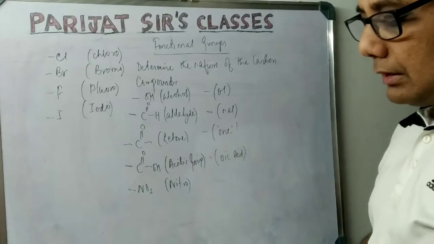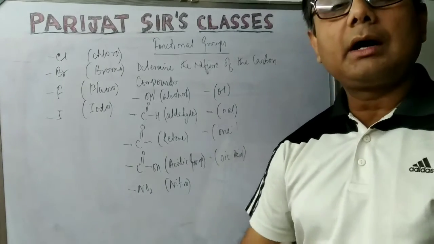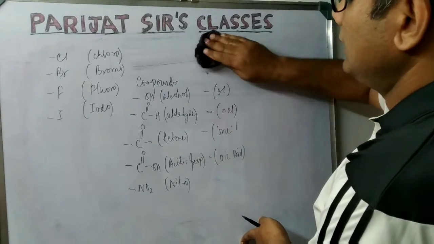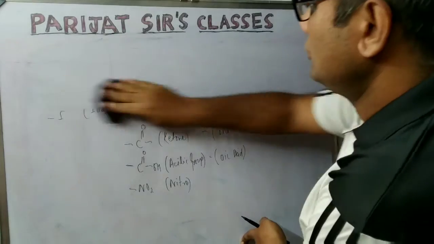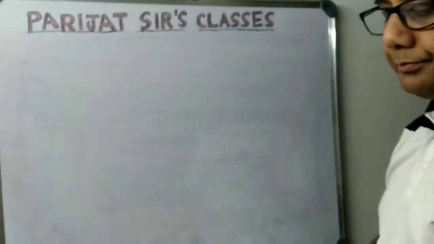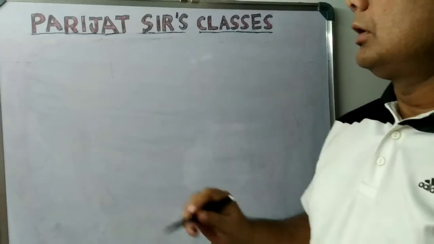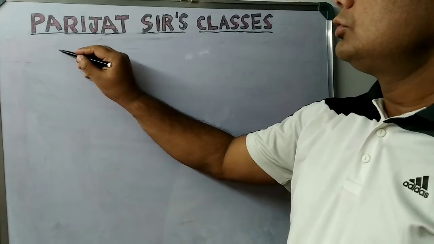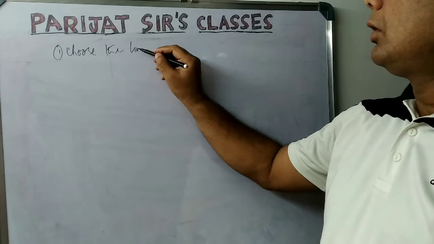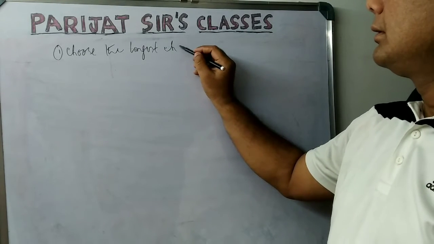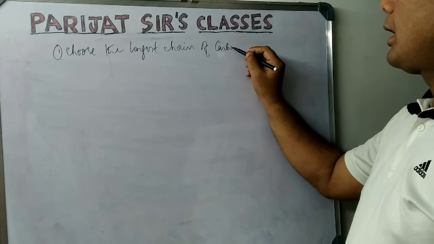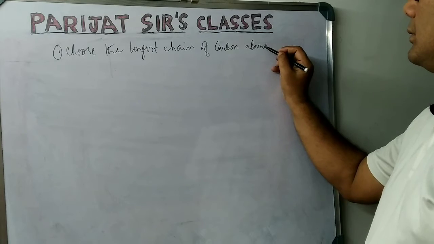So let us see how the naming of the carbon compounds will be done. Let me show you some examples, and then you will be able to understand. First of all, our target will be to choose the longest chain of carbon atoms.